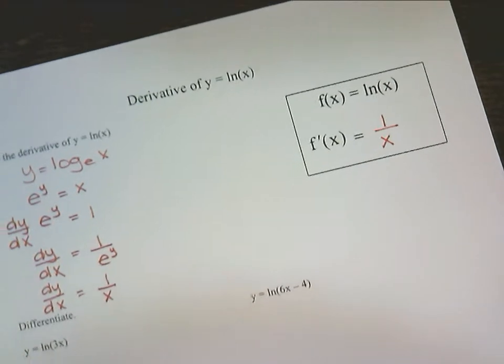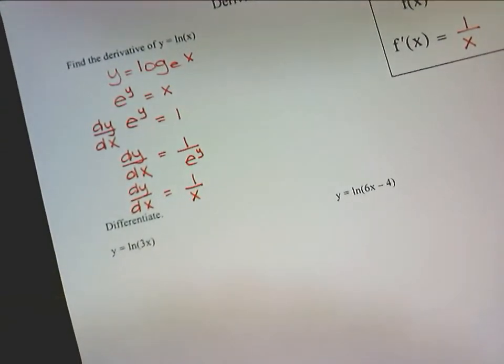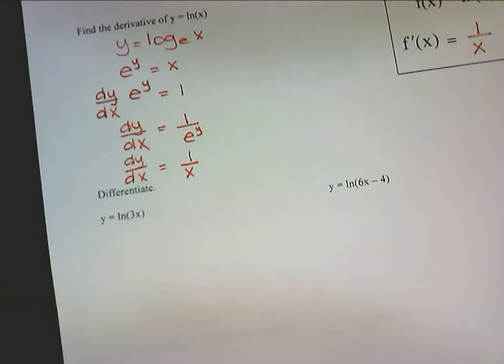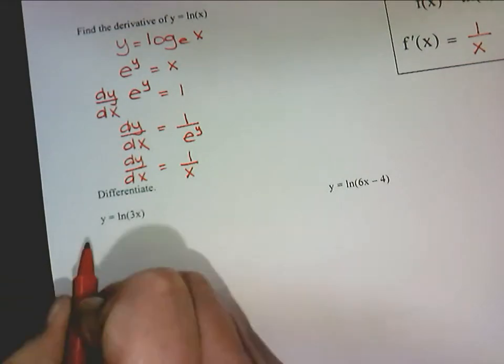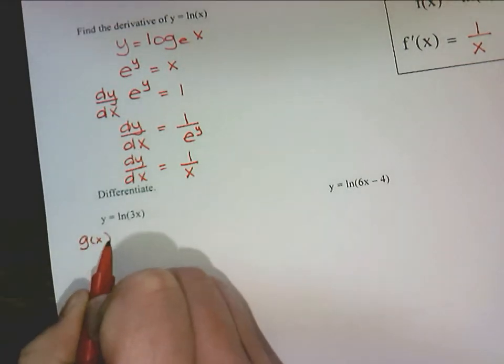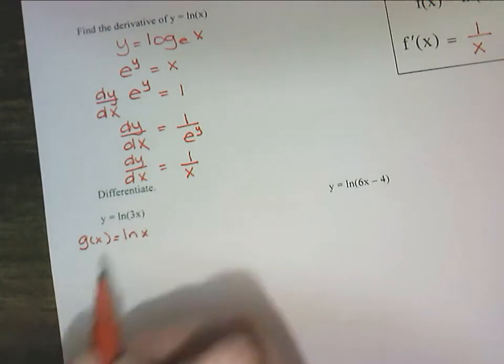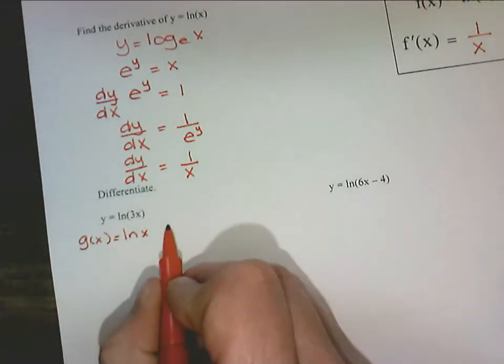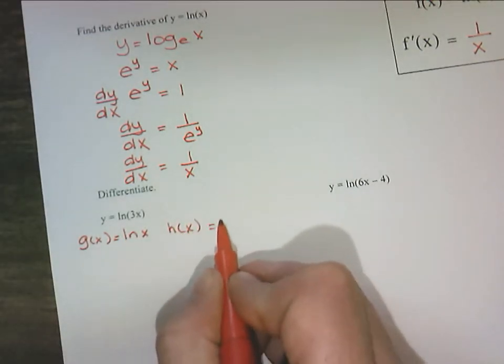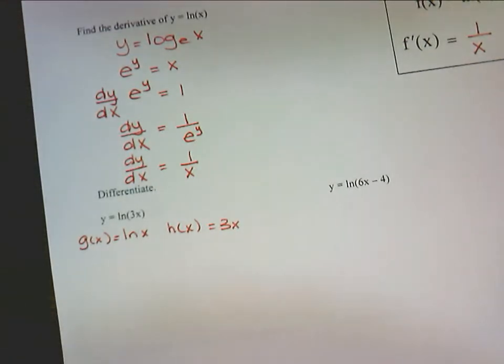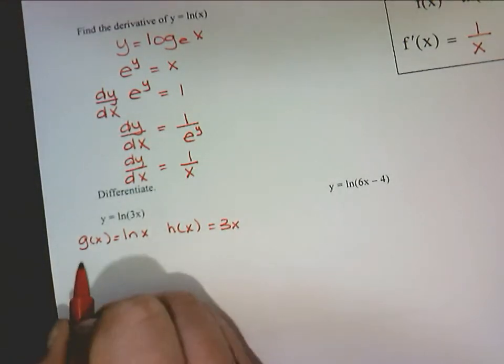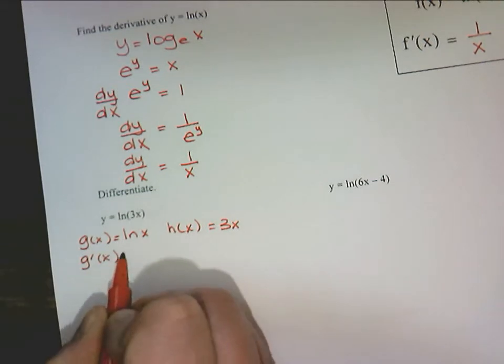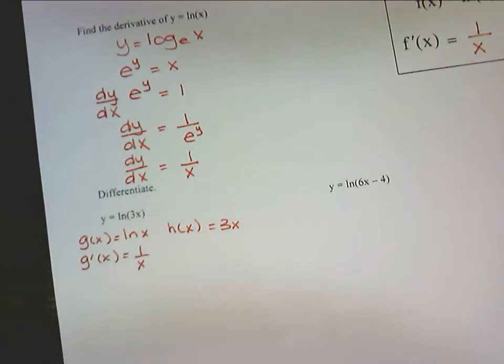So let's look at some examples. I want to differentiate ln 3x. So I'm going to say that g of x is equal to ln x, and I'm going to say that h of x is equal to 3x. So inside and outside. I'm going to say that g prime of x is equal to 1 over x, because that's the derivative of ln x.